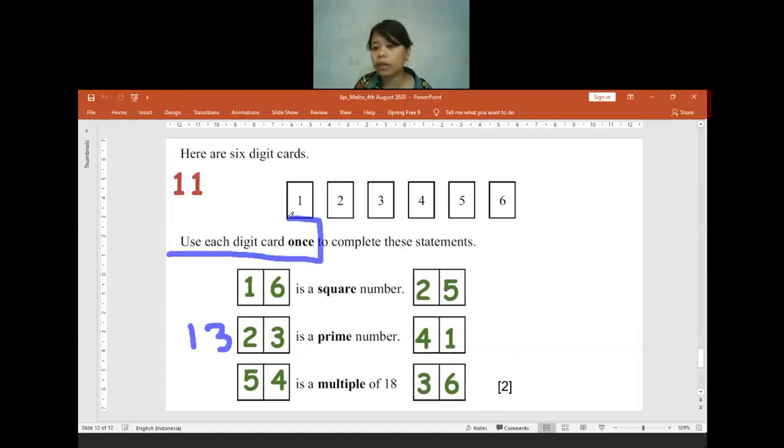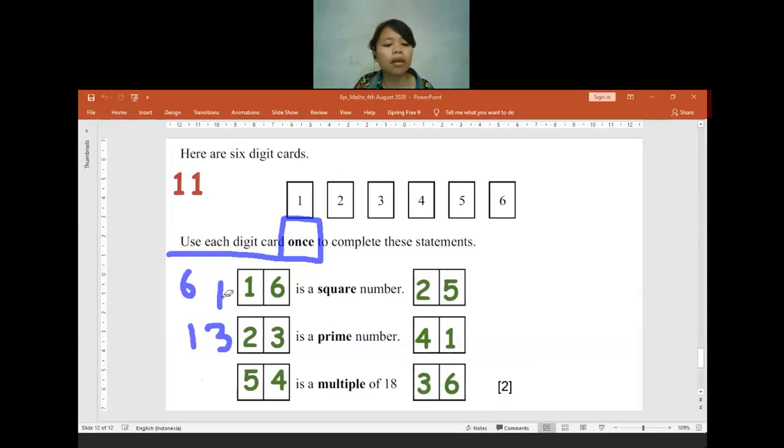Yeah, if you have a different combination, maybe you can tell me. I can check it. Maybe I forgot to write it. Yeah, you can take 13. Maybe for the square number, you can make it 64. So the leftover will be only 2 and 5, but 25 is not a multiple of 8. So it means I cannot take 64 in here.